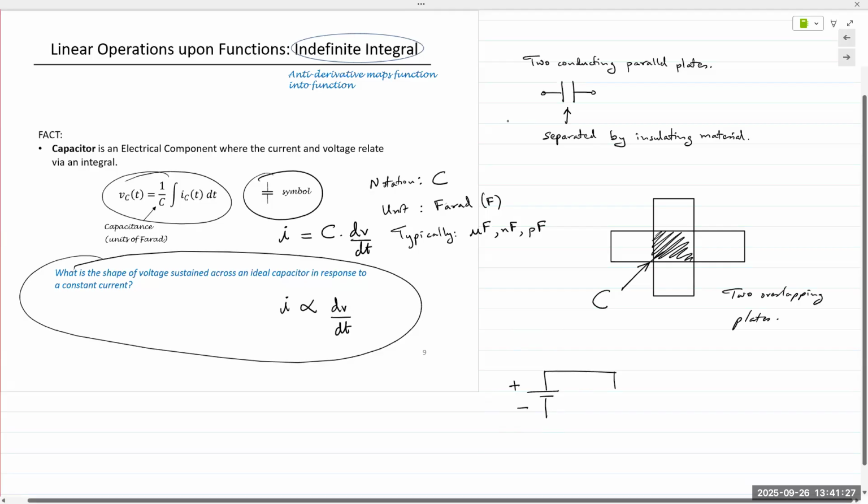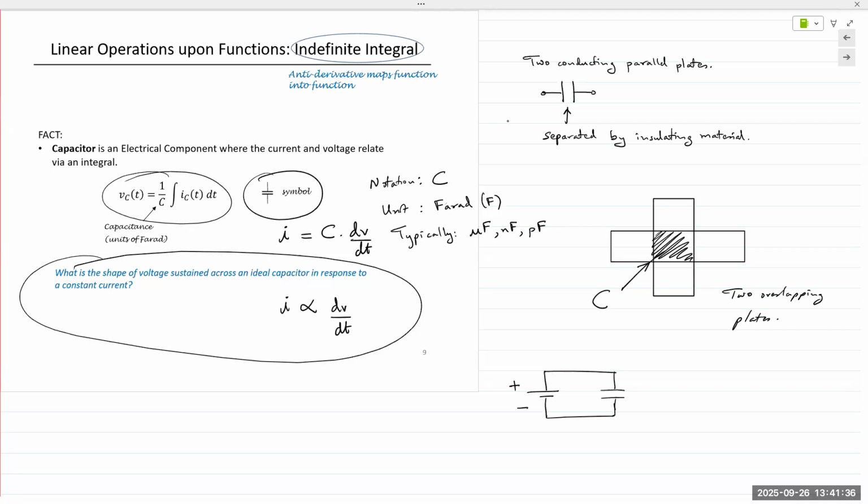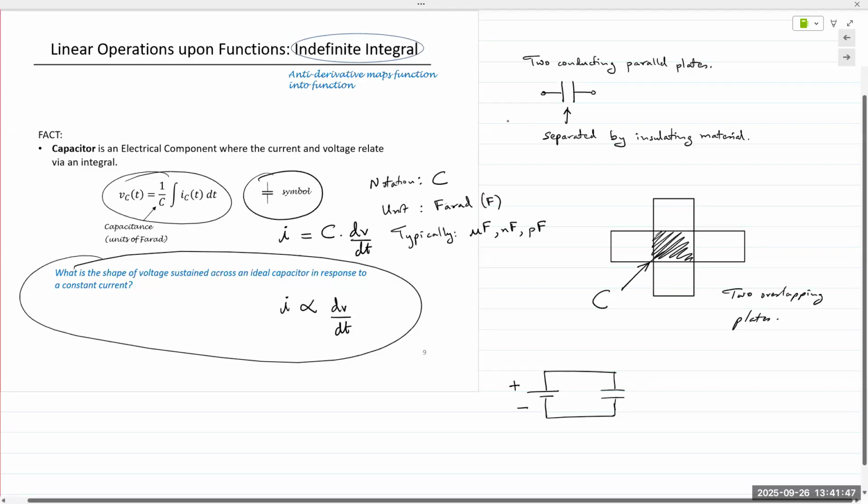So if we connect this to a capacitor, the answer is that there are no electrons that are actually flowing through the capacitor itself. The reason this works is because there are these two metallic plates in the capacitor, and these metallic plates have electrons.